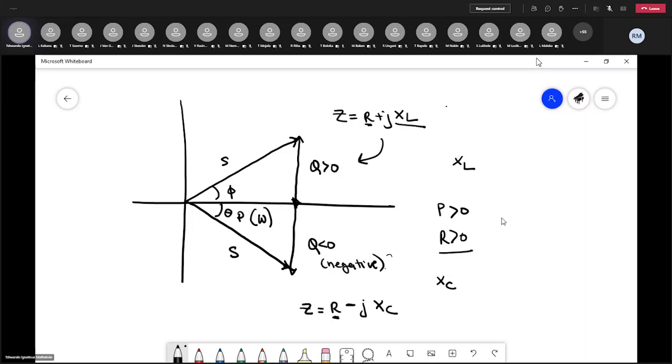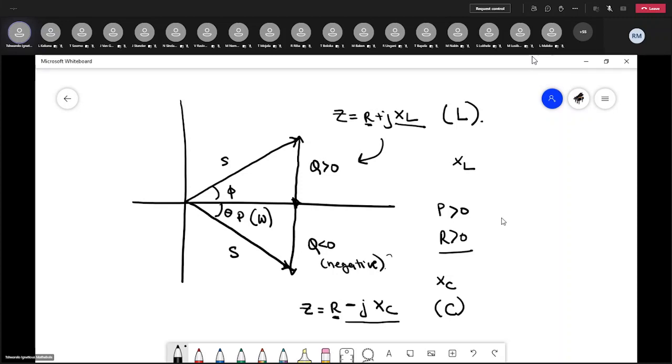That is your inductance, the inductive reactance. If I've got a C, a capacitance, this is the capacitive reactance, I'll have a minus jXC. This simply tells us that one is producing reactive power, the other is absorbing reactive power. That's how you draw your power diagram.